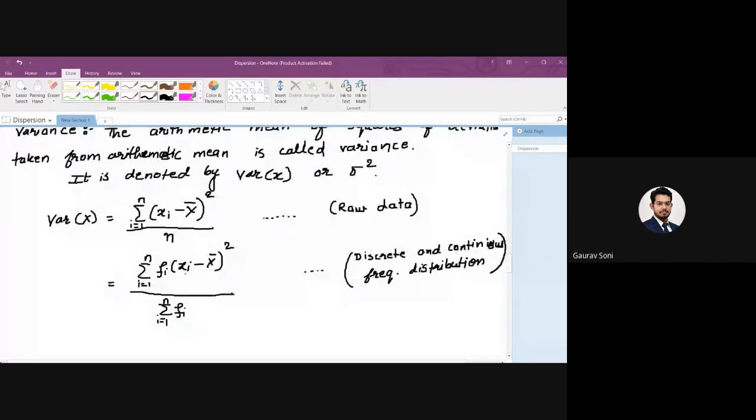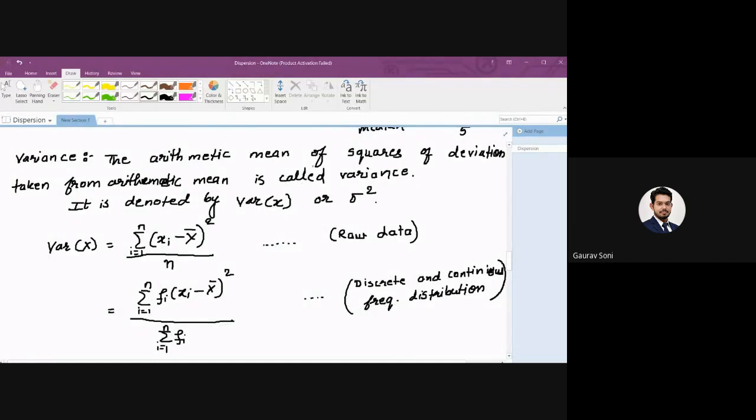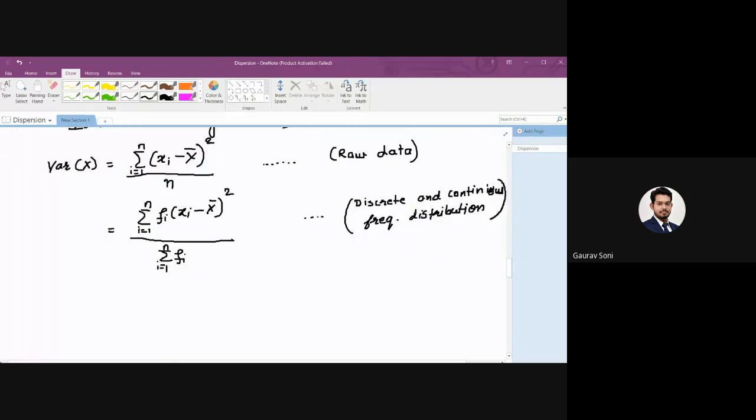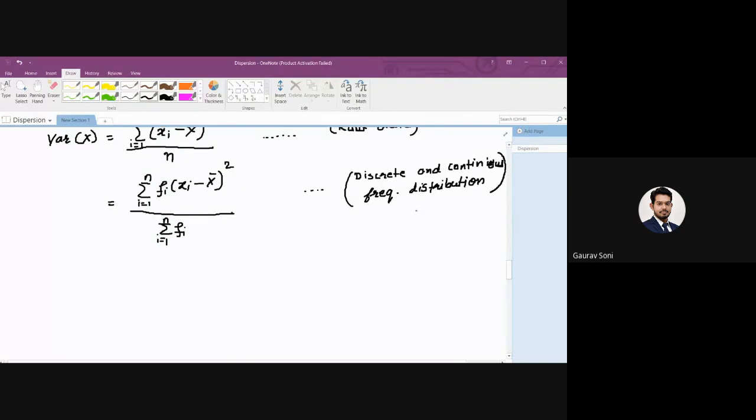Okay, so variance plays a very important role. It gives us the mean square deviation. That is, the deviation of all the observations from the mean, squared, and it is denoted by sigma square.